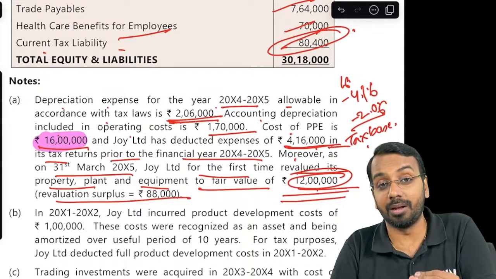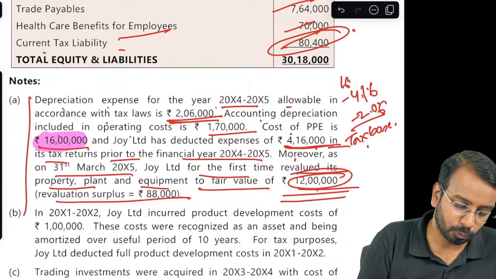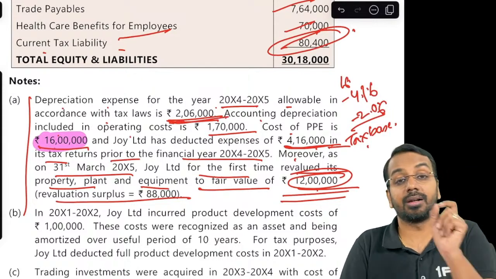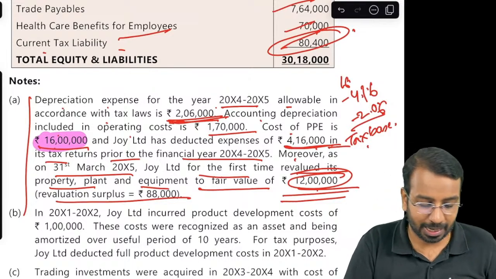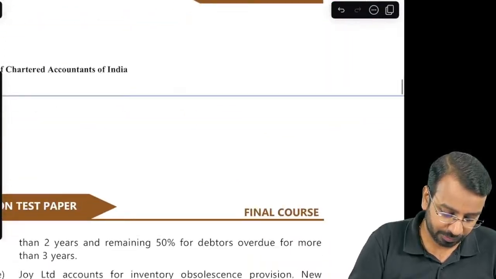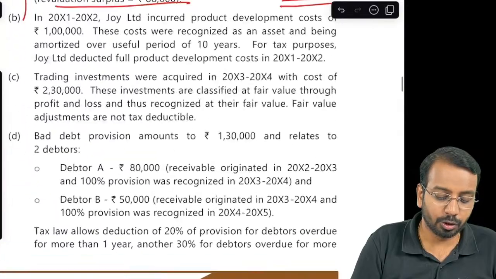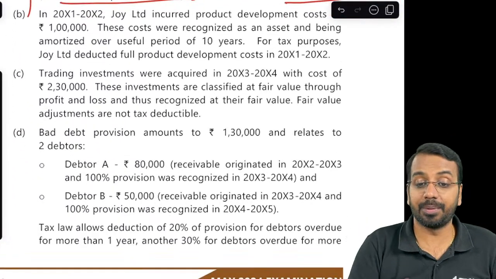It will be taxable. You'll have higher taxable income. So whatever is the difference you get, you can do your calculations on your own. 16 minus 4.16 minus 2.06, the difference that you get, that is a taxable temporary difference. You'll multiply that with the tax rate, whatever is given, they have given at the end, I guess, yeah, 32%. That will be the deferred tax liability that you need to provide.